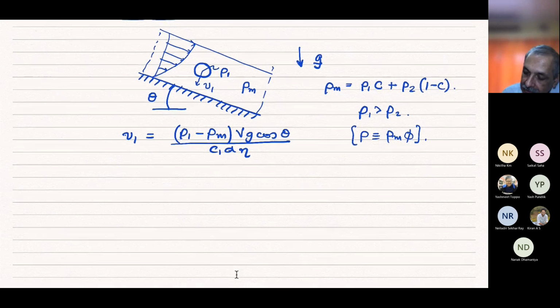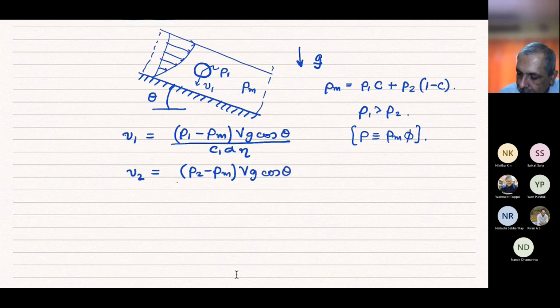And if we do exactly the same thing, then you can write down an identical expression for V2, which will be given by this expression. So again, you'll have rho 2 minus rho m, but the sign of V1 will be different from V2.